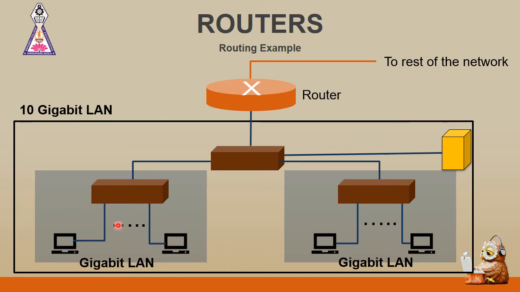In case these two networks are communicating, the switch will filter the information accordingly with respect to the source and destination addresses. But in case this host is communicating with the rest of the network, the information has to reach this link layer switch from this LAN, from this link layer switch it has to reach this router, and from this router it has to reach somebody else.